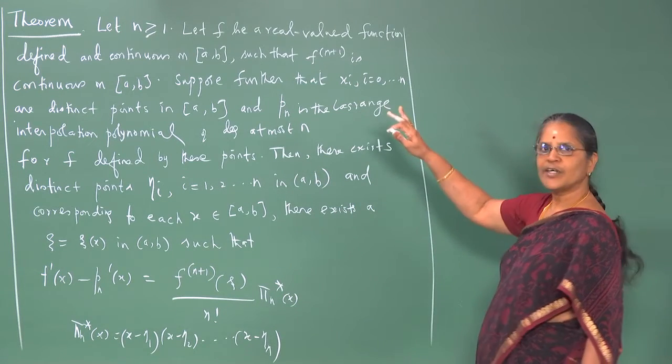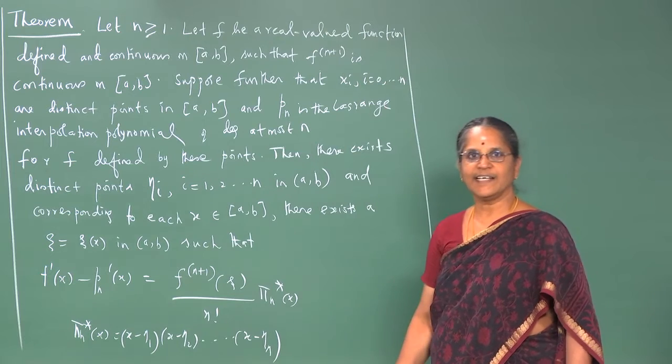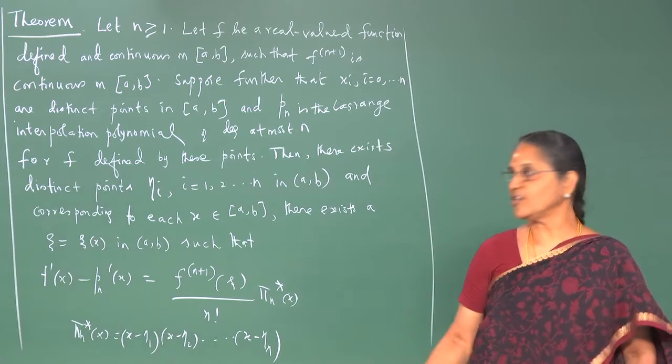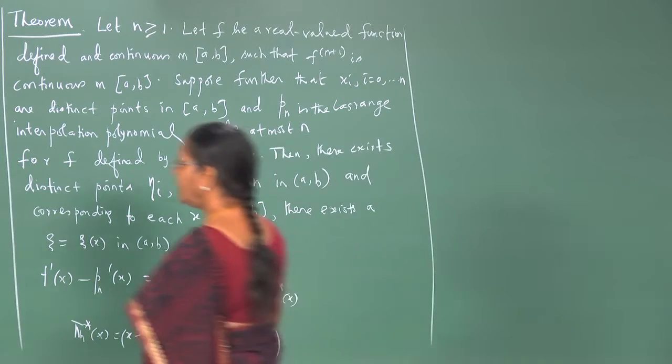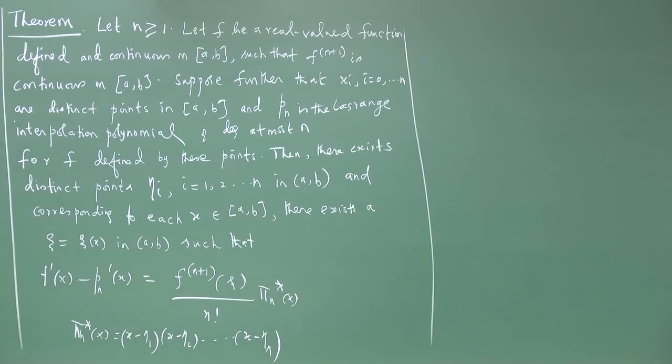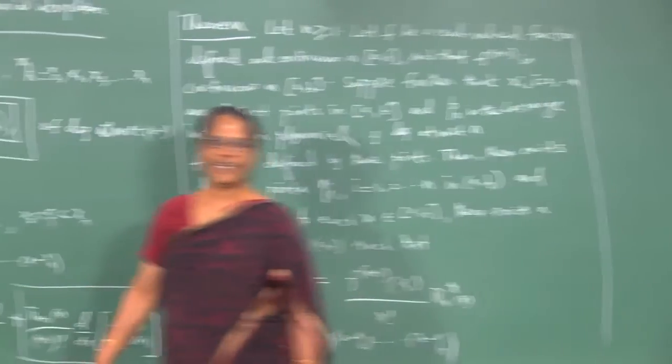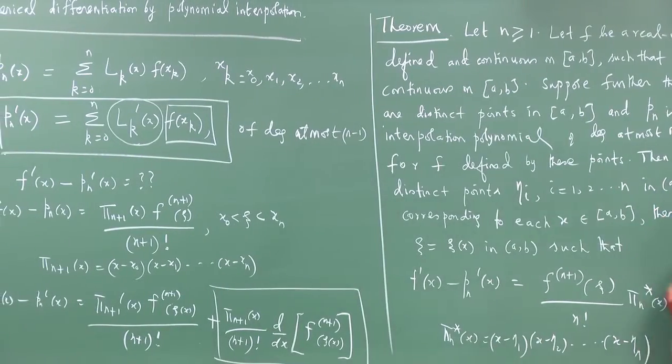The proof runs almost on the same lines as we had done in the case of deriving the error in interpolation, namely this formula. So, let us quickly go through the proof of this result.